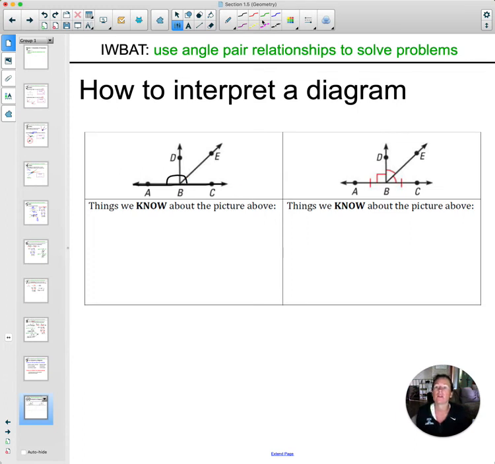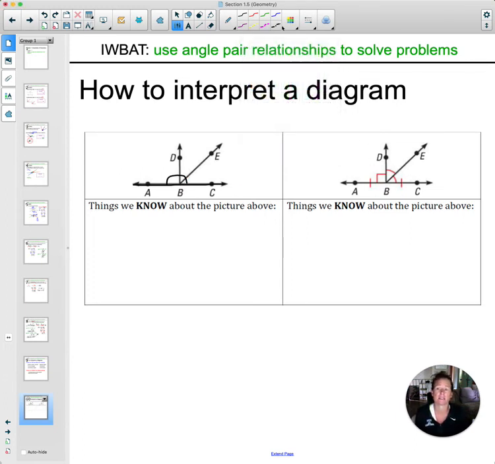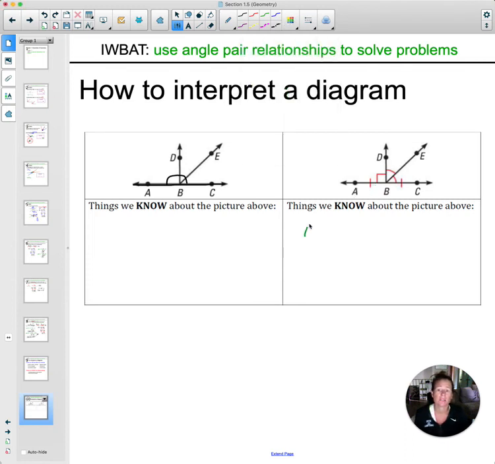Okay, if we go to this picture on the right, now you can tell a ton of stuff, because there are all sorts of markings here. So you can tell that AB is congruent to BC. We can tell that those two segments right here are equal because of the tick marks. You can tell that the measure of angle ABD is 90 degrees because of the right angle.